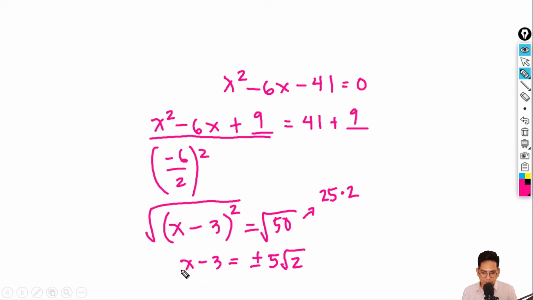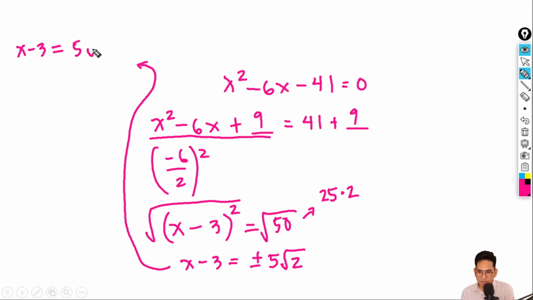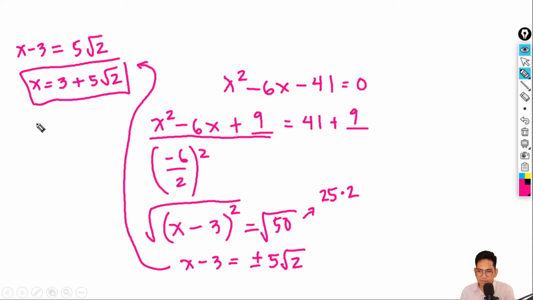So we can have this one. And simplifying further, we have x minus 3 is equal to the positive first, 5 square root of 2. So we have 3 plus 5 square root of 2 as our first solution.